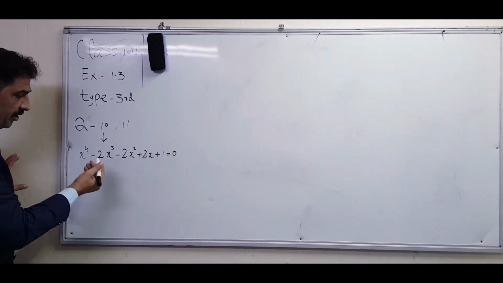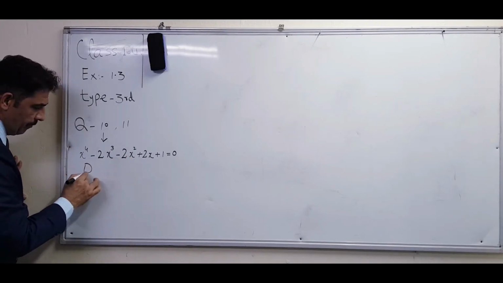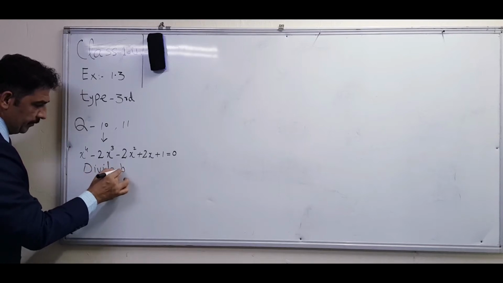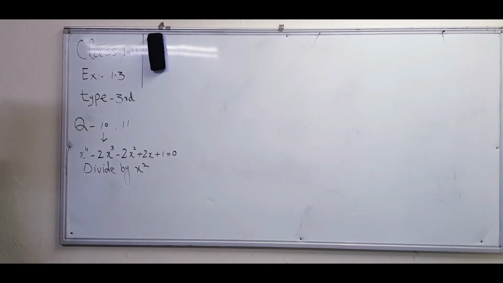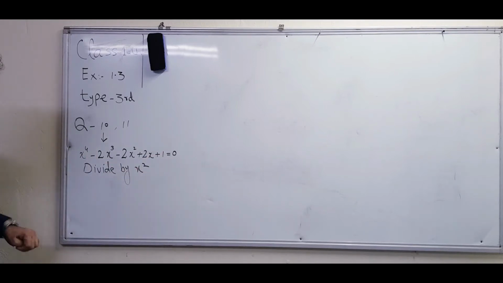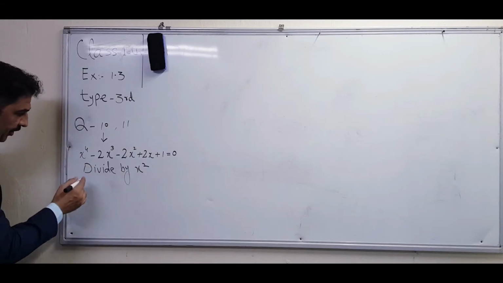The first step, divide by x square. So divide by x square on both sides. Dividing 0 by x square gives no change, that's why I didn't write it on both sides. So each term is divided by x square.